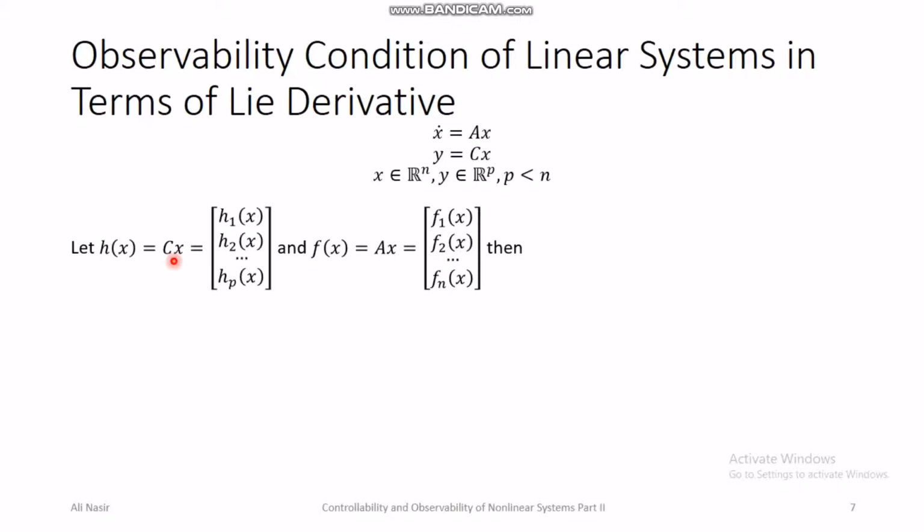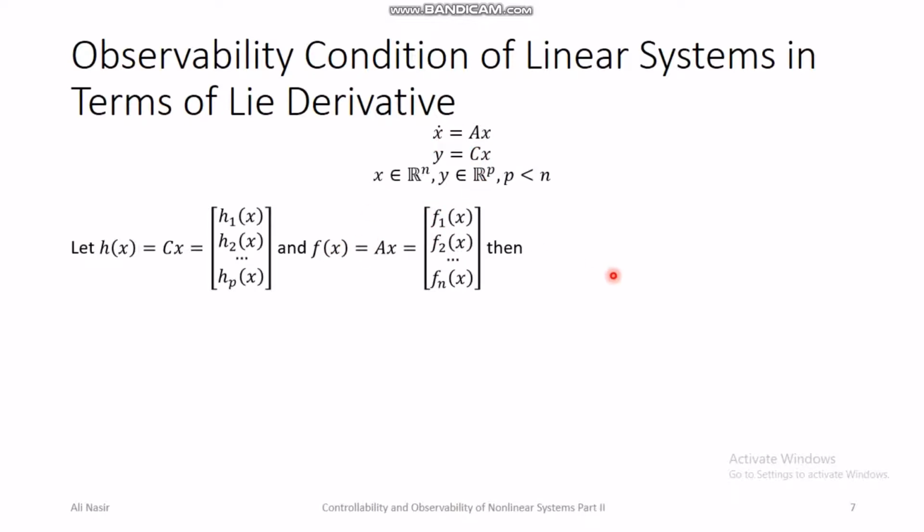In that case h of x will be a vector of p components, just like y, because y is equal to Cx and y is a p cross 1 vector, so h will be equal to y, which is a p cross 1 vector, but we have defined h equal to C times x. Similarly, let's define f of x equal to A times x, and that will also be an n cross 1 vector, which will be equal to the derivative of x.